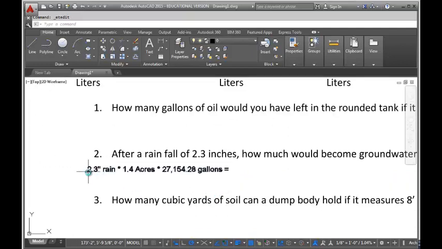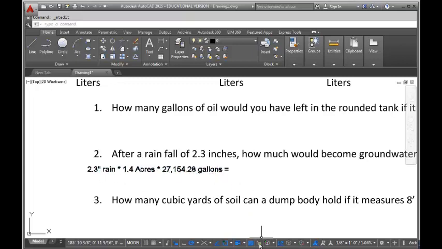Okay, so that would be this equation. Instead of 1 inch of rain, we're going to multiply this number, which is kind of like our starting value. This is how many gallons per 1 acre with 1 inch of rain. But what if it's 2.3 inches of rain and times 1.4 acres? So it would be 2.3 inches times 1.4 acres times what we'd have for 1 and 1 of each of these.